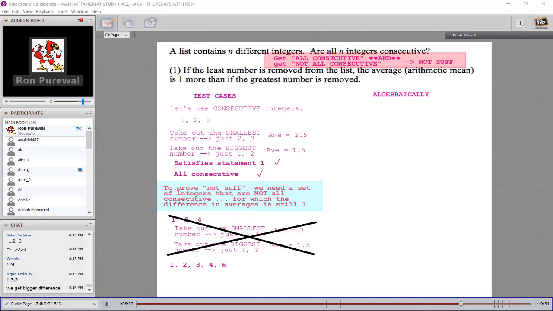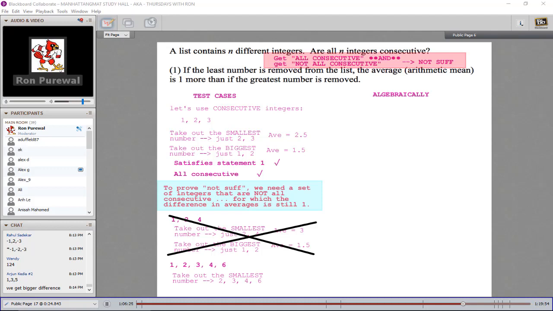if you take out the smallest number, then you have a list with 2, 3, 4, and 6. The average of those is 5 plus 4 is 9, so it's 15 over 4.